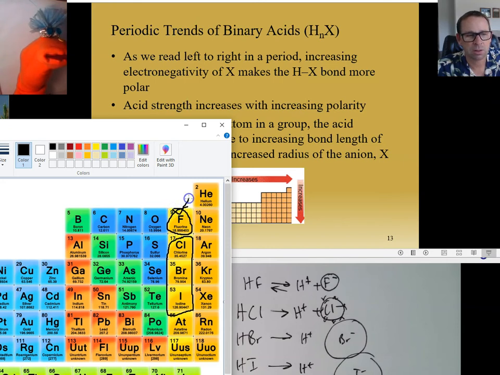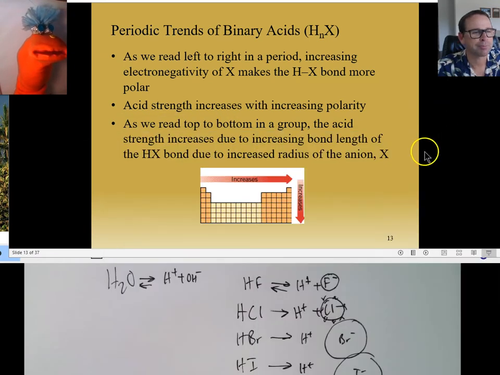Therefore, this is an indication that acid strength is decreasing as you go up or increasing as you go down, right? Also, we can look at HCl and H2S and see that HCl is a stronger acid than H2S, and so we're increasing acid strength as we head to the left. Okay, good.